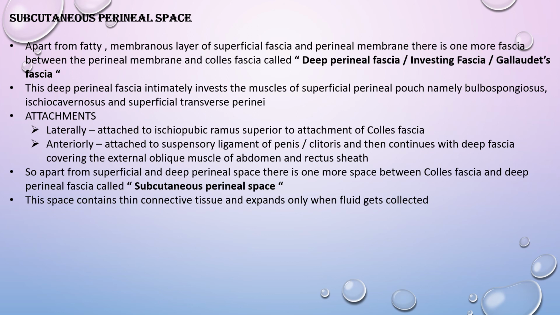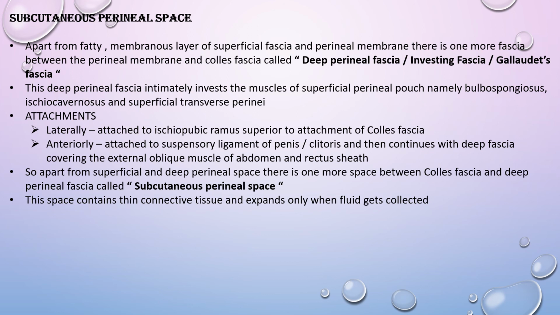If we take up the attachment of this deep perineal fascia, laterally it is attached to the ischiopubic ramus superior to the attachment of Colles fascia. Anteriorly it is attached to the suspensory ligament of penis or clitoris, and then it continues with the deep fascia covering the external oblique muscle of the abdomen and rectus sheath.